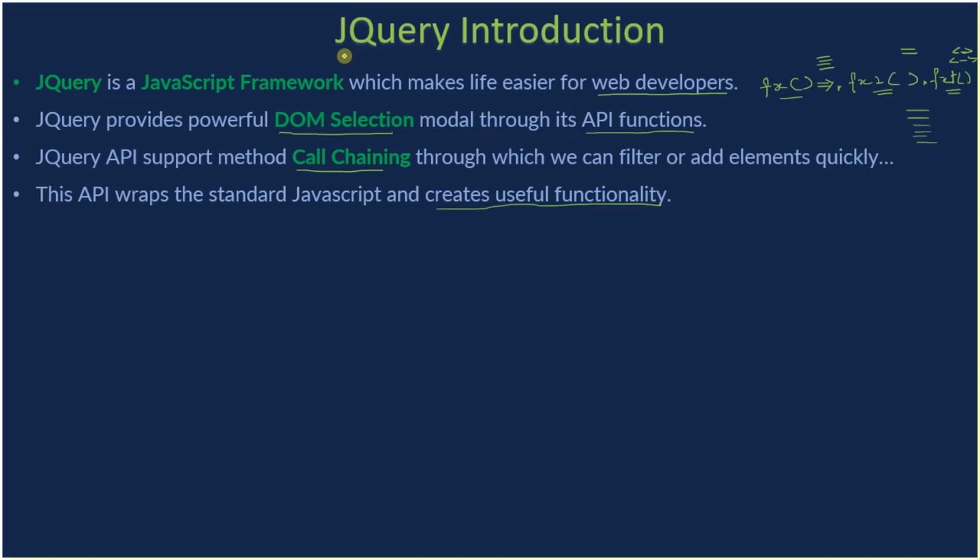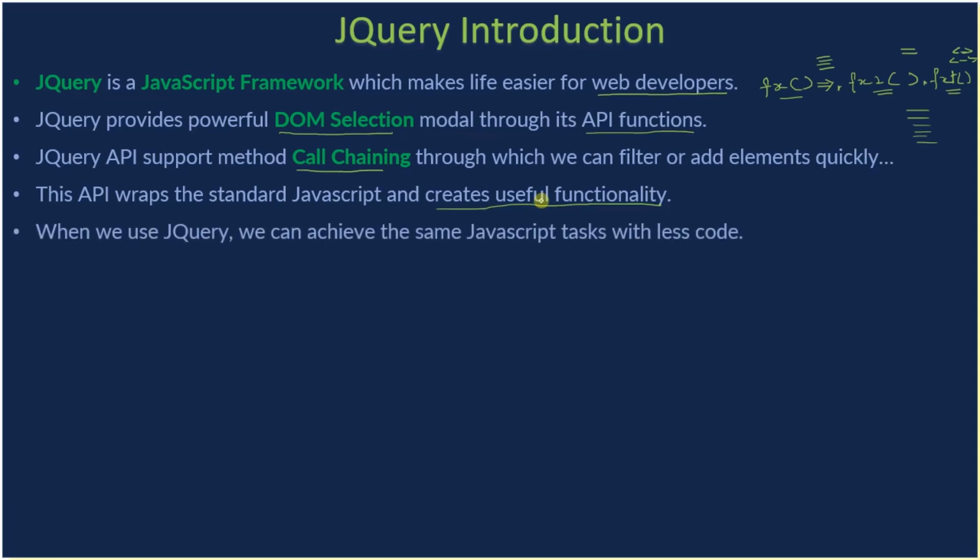There are 2 separate APIs, and in the first 70% we are covering jQuery. jQuery itself is a wrapper over JavaScript, a lot of functions written over JavaScript that create useful functionality for the users. When we use jQuery, we can achieve the same JavaScript tasks with less code.